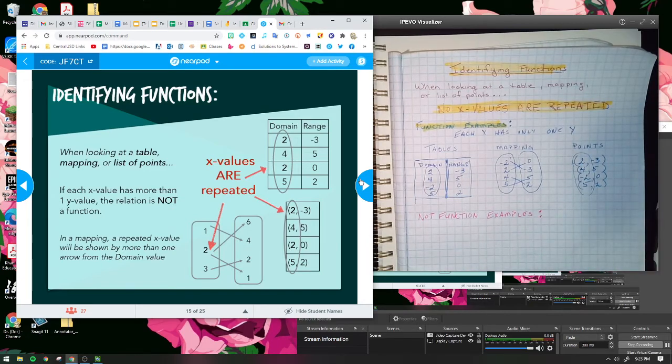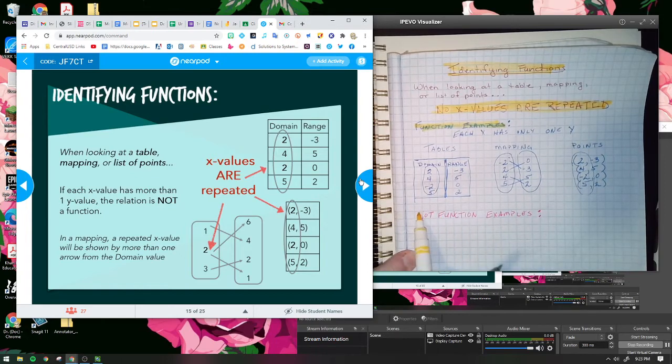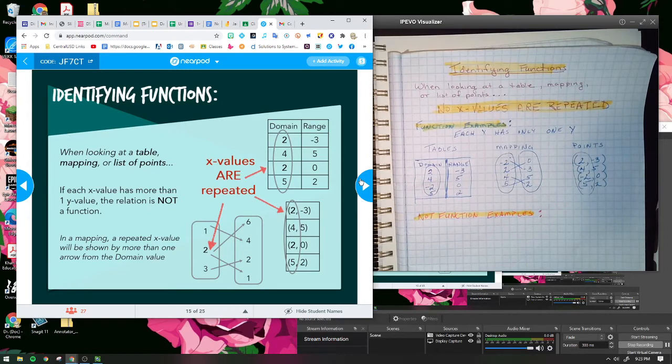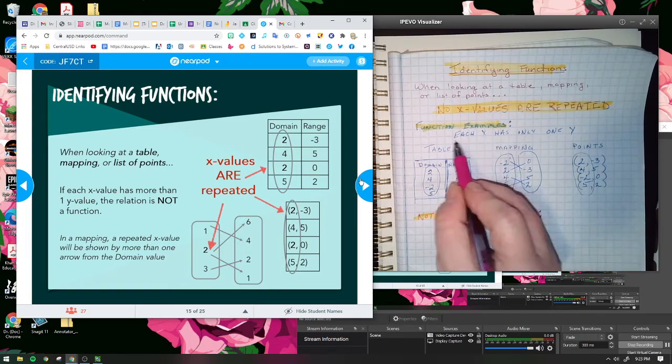I'm going to highlight it. Hopefully I don't smear it like I did the other one. Non-function examples. I changed the color of the pen just because I like looking at the color, and this is something different.